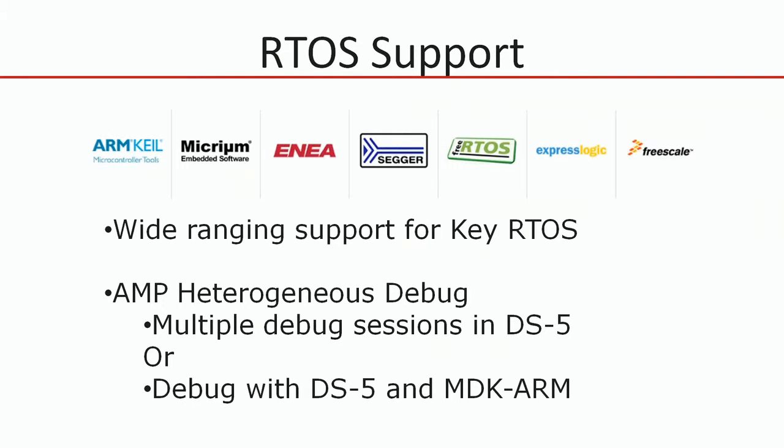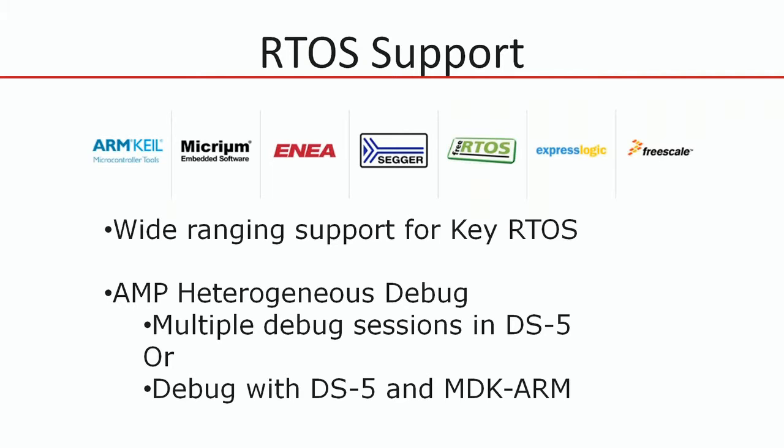While we've talked about using a feature-rich operating system, the DS5 also supports a wide range of real-time operating systems. So where we have heterogeneous systems which may have a Cortex-A or a Cortex-R and a Cortex-M device, increasingly people are able to run Linux on the Cortex-A, but then a real-time operating system on one of the other cores.